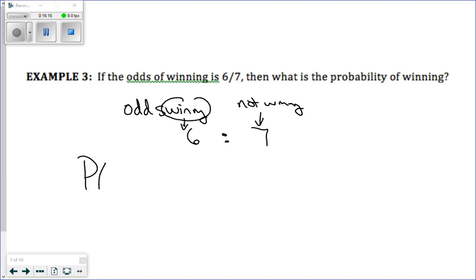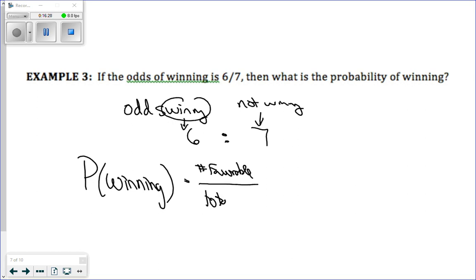So then what is the probability of winning? You want the number of favorable over the total number. So how many outcomes are favorable? How many outcomes are winning? 6. What's the total number of outcomes? 13.